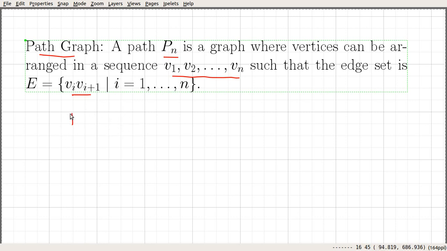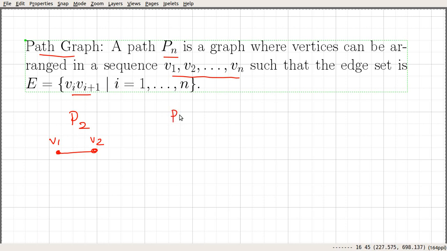For example, let's consider say P2. By definition we have 2 vertices. Can it be say V1, V2? And the edges are between Vi and Vi plus 1. So there is an edge between V1 and V2. So this is what P2 is.